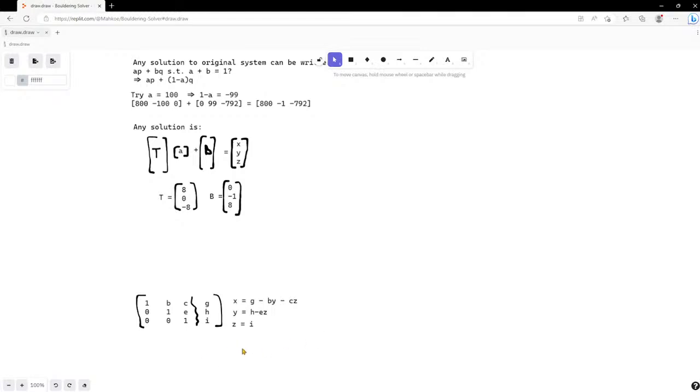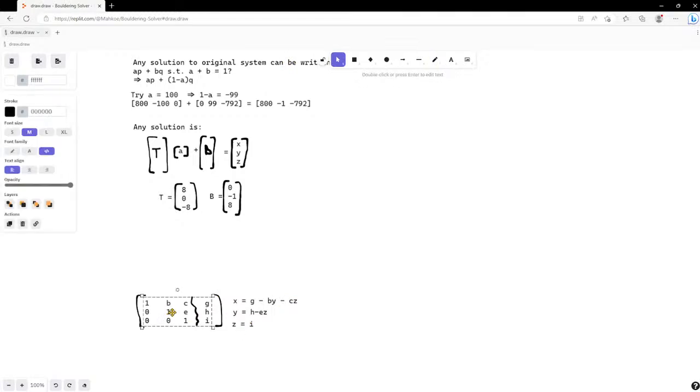we just have this, and the more indeterminates we have here, so if this 1 was a 0, then we would have a second indeterminate.